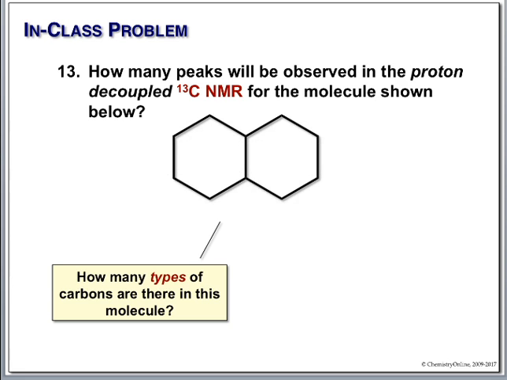Once you get it flattened out, you can easily see that we have a plane of symmetry across this way, and we have a plane of symmetry across here. So we have 4 sections in our molecule, and they're all going to be the same. So if we just deal here with 1 of the 4, we're going to have our bridgehead carbon here, this guy, and this guy. 3 unique carbons in the C13 NMR.